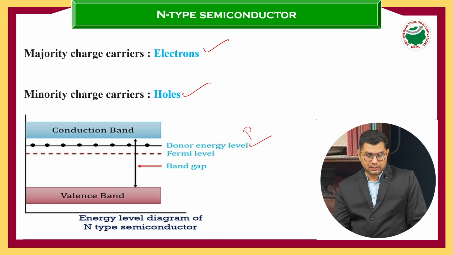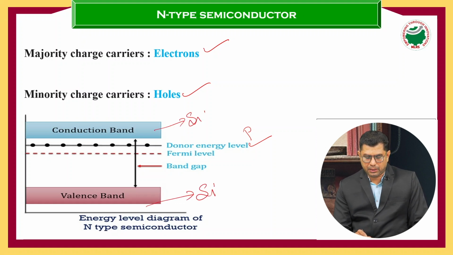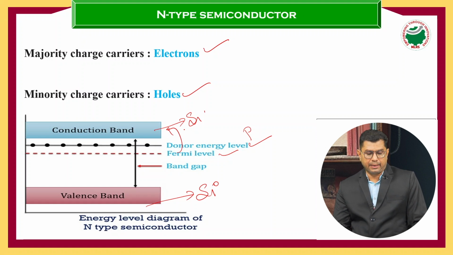Phosphorus, arsenic, these are all there, but presently I am taking phosphorus. Phosphorus has 5 valence electrons, that's why this is called the donor level. The conduction band and valence band belong purely to silicon. See here, the Fermi level and donor level are nearer to the conduction band.